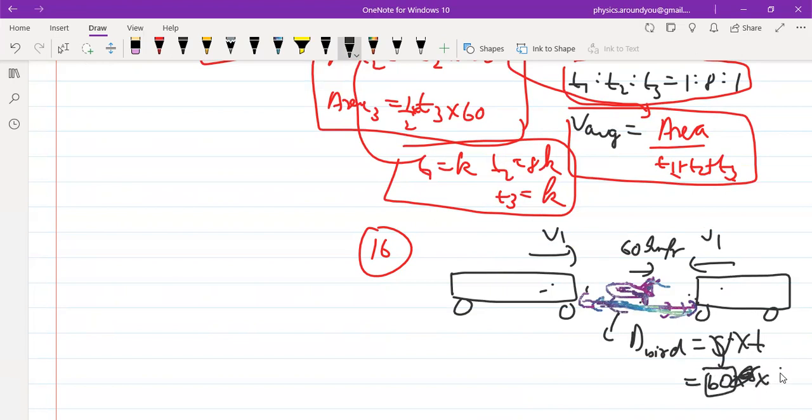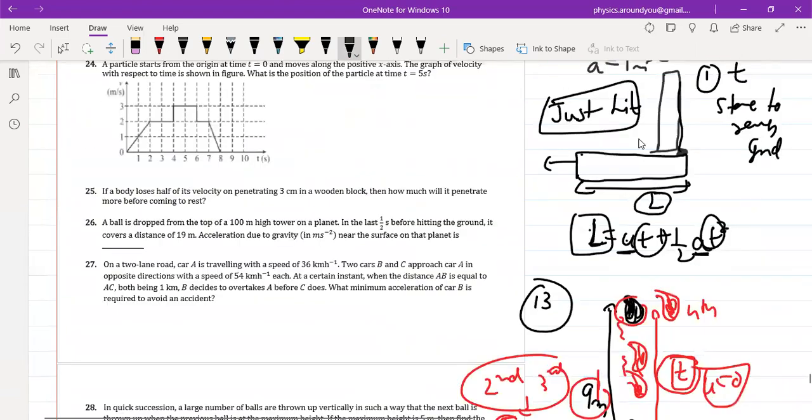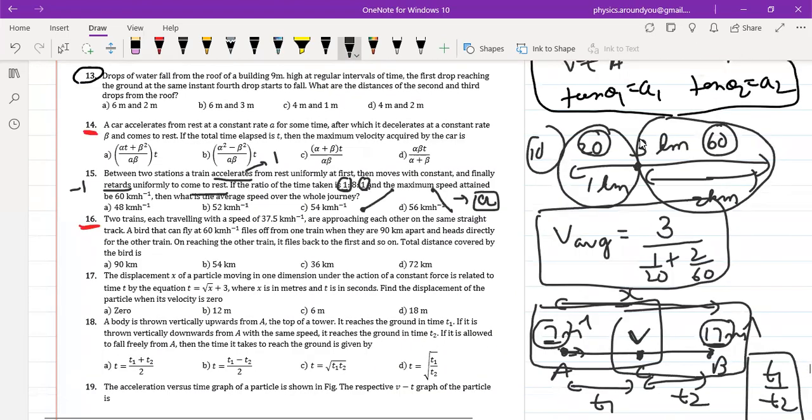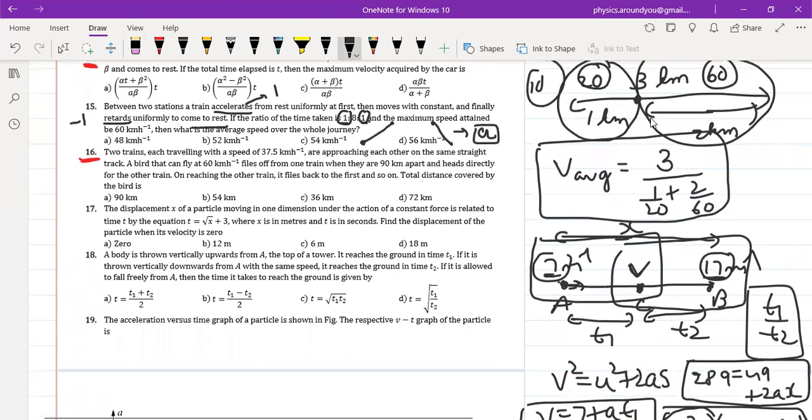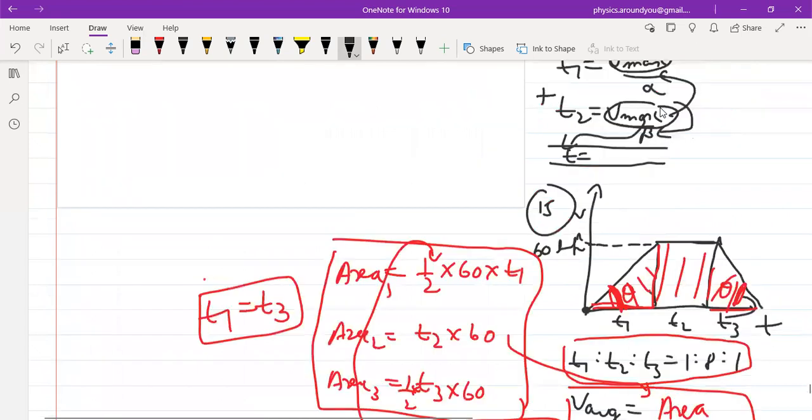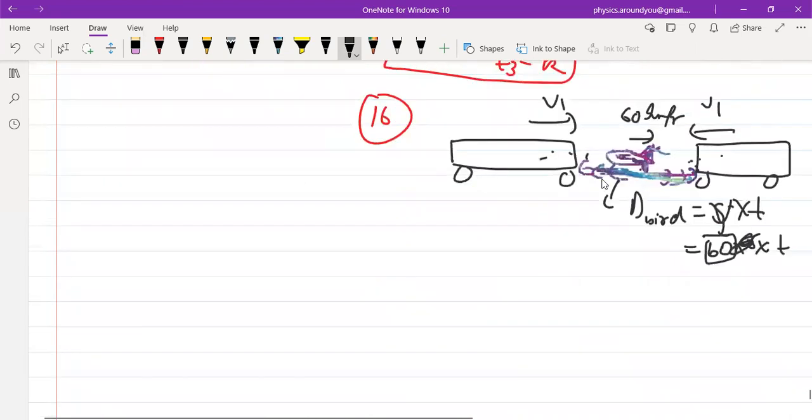And what is the time taken? At what time will these two trains meet? Initially, the two trains are 90 kilometer apart. Let's say the trains are L apart.